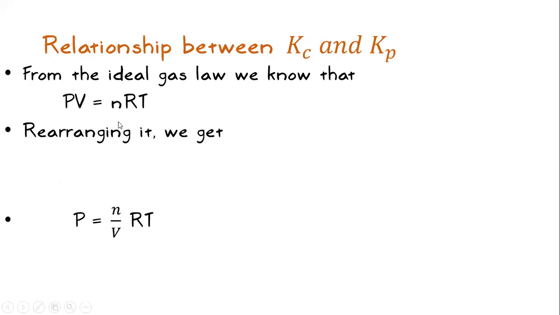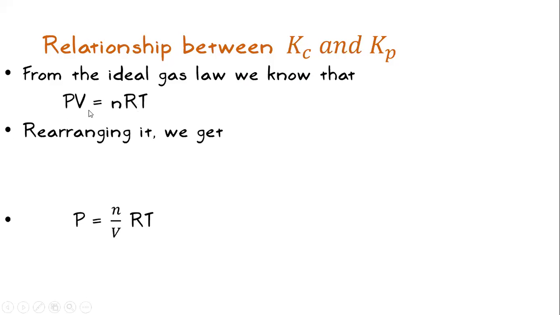So under physics, chemistry 2, when we talk about gases, we remember this. This is the ideal gas equation or the ideal gas law, where P stands for pressure, V stands for volume, and N stands for moles, amount of substance, R stands for the molar gas constant, and T stands for temperature.